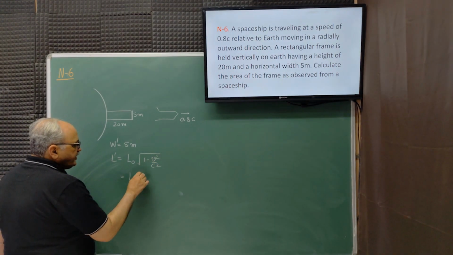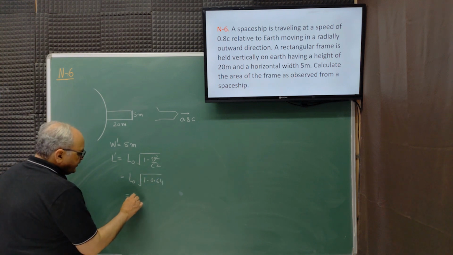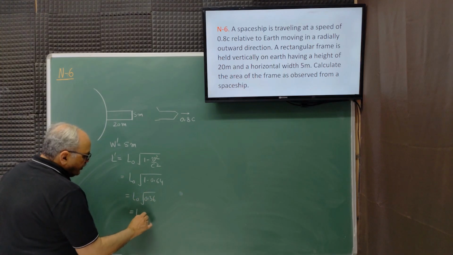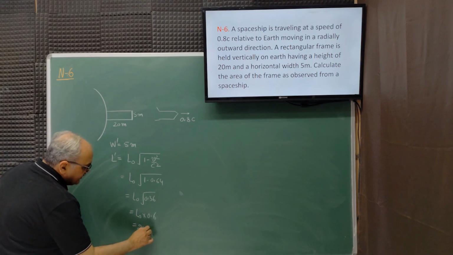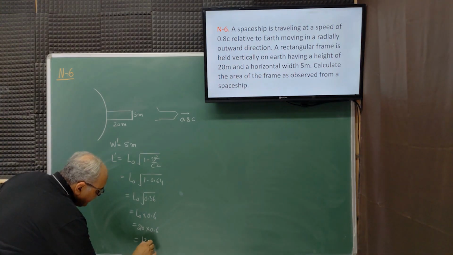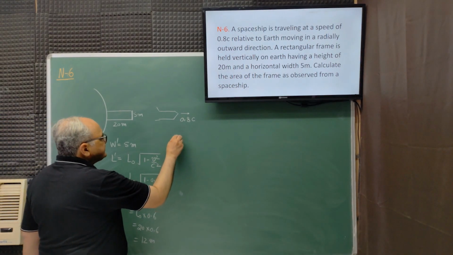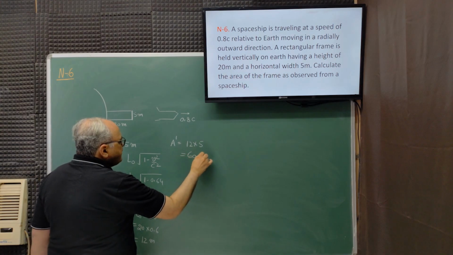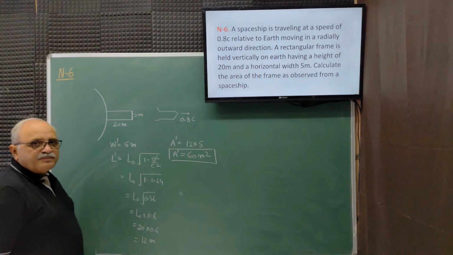So this comes out to be under root of 1 minus 0.64, that is under root of 0.36, or L0 into 0.6. So this is 20 meter multiplied by 0.6, that is equal to 12 meter, and the area will be 12 multiplied by 5, that is 60 meters square. That is the area observed by the person who is in the spaceship.